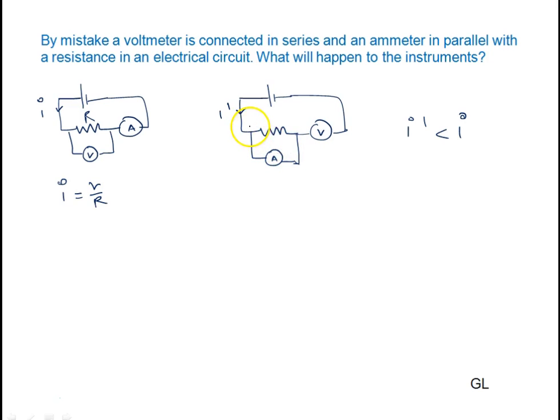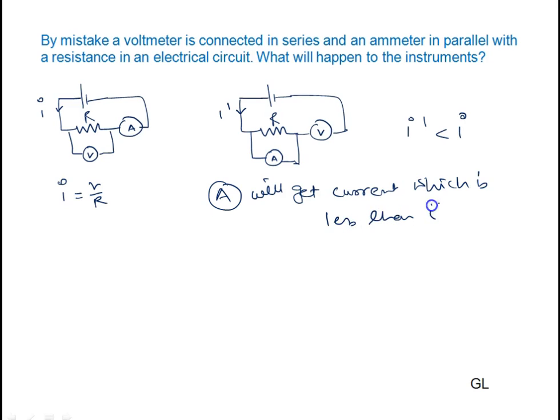But here I dash will further divide between this resistance R and this ammeter A. It means the ammeter A will get a current which is less than I dash. Let me write here: the ammeter will get current which is less than I dash. Okay, it is clear to all of you.